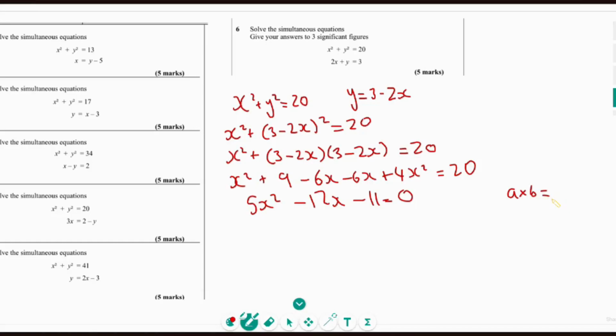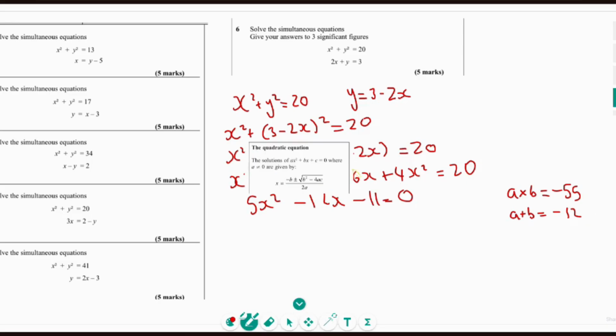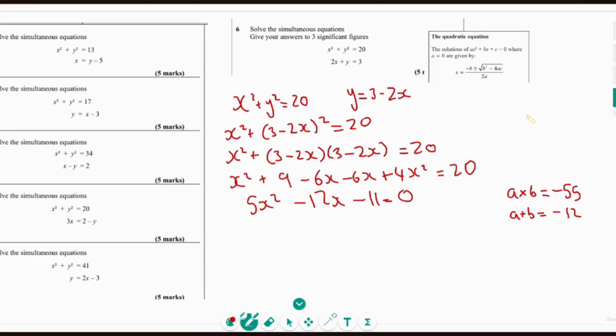Five times negative 11, negative 55. Okay, so we can't factorise this, can we? Because there aren't two numbers that multiply to give negative 55 and add to give a negative 12. We'll have to use the quadratic formula, which gives us a chance to practice it.